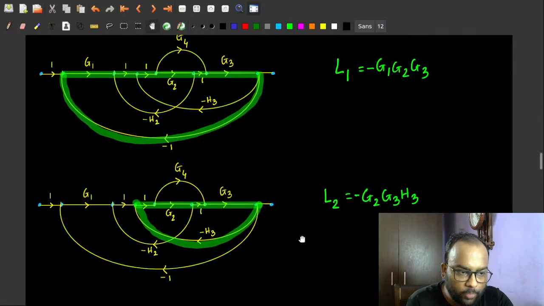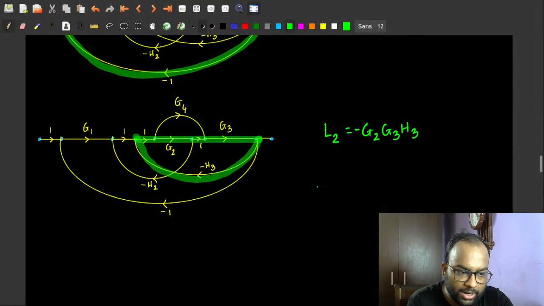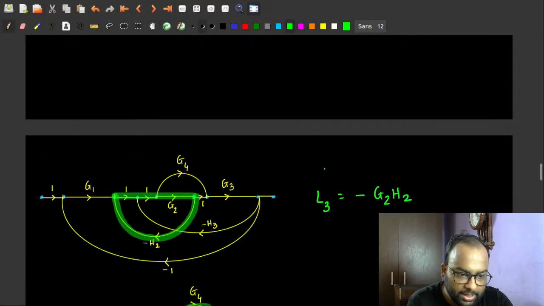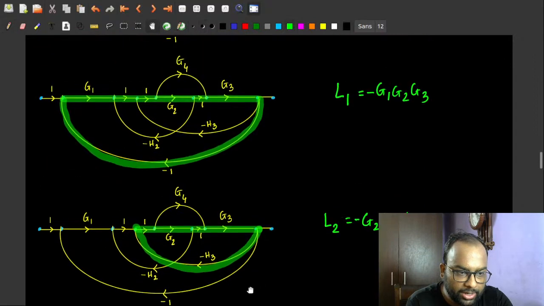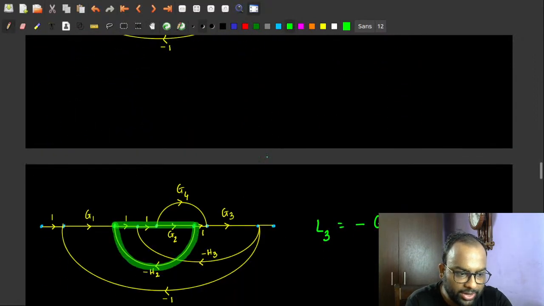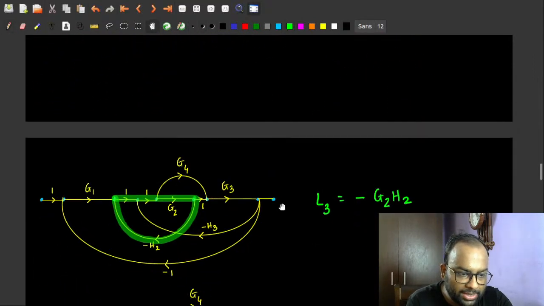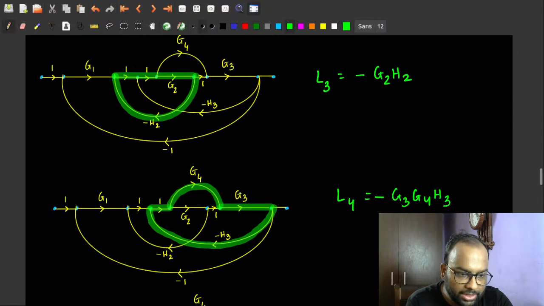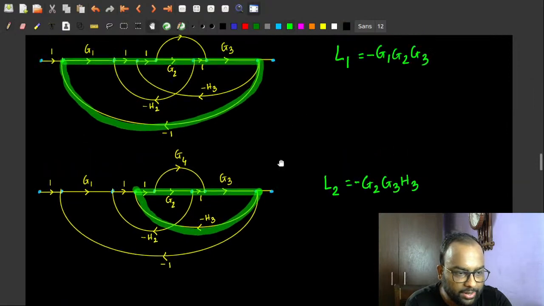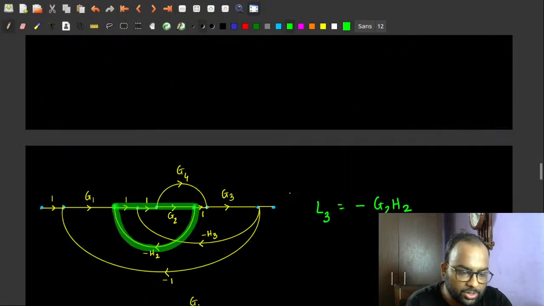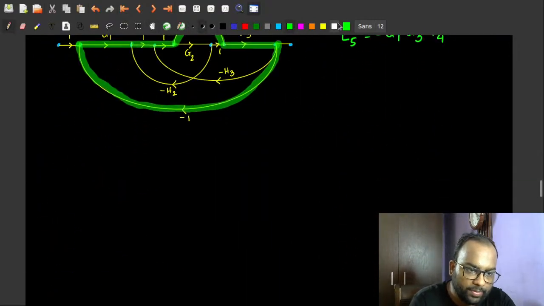L1 and L2 are touching. L1 and L3 are touching. L2 and L3 are touching. L3 and L4 are also touching. All of the loops are touching each other, so there is no non-touching loop.